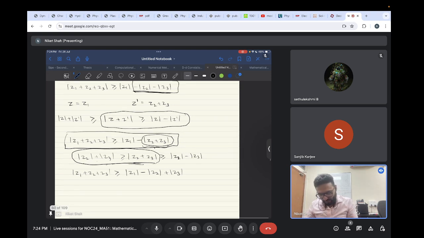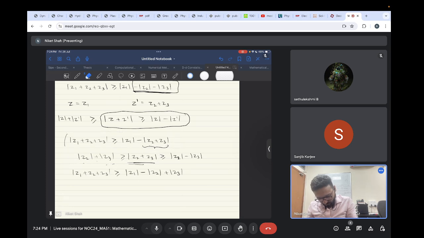Okay, maybe I'll write it down mathematically. Let me do this. What I'm saying is mod Z1 minus mod of Z2 plus Z3 is actually less than or equal to mod Z1 minus mod Z2 minus mod Z3.